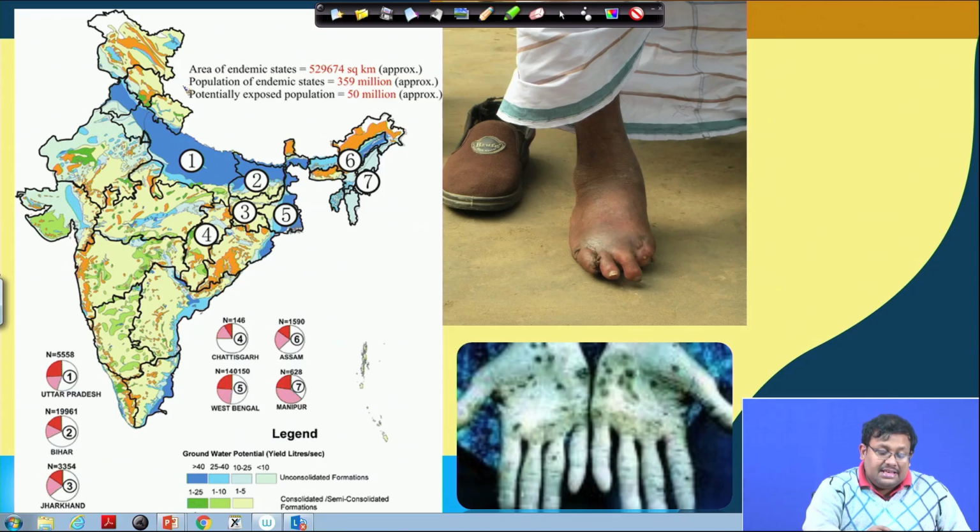You can see here the area of the endemic states is almost 5 million square kilometer, the population of these endemic states is 359 million, and the potentially exposed population is 50 million. So, that shows the impact of arsenic contamination in India.